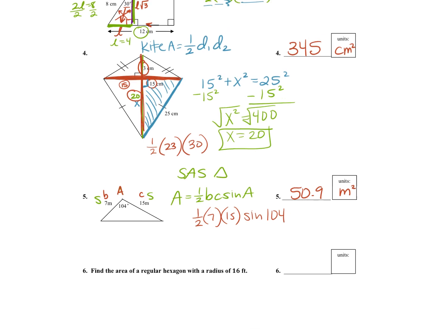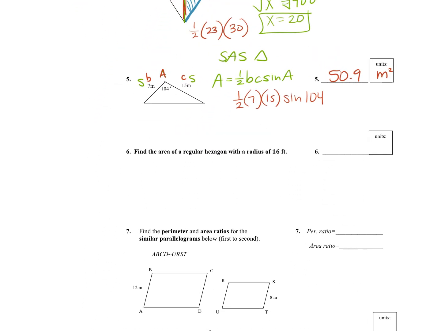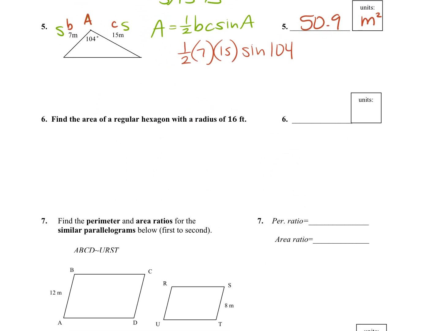Okay, I'm going to give you a little bit of time right now to try this one with a neighbor or on your own. It is find the area of a regular hexagon. So let's say our hexagon looks something like this, with a radius of 16.